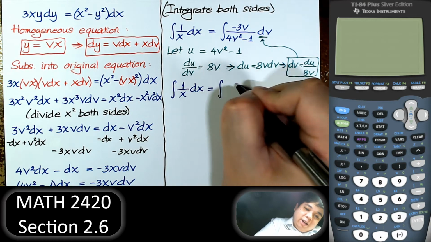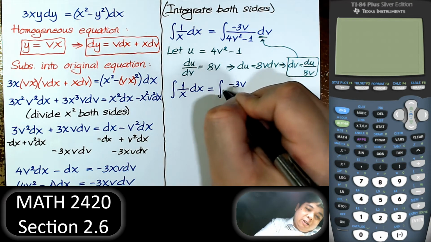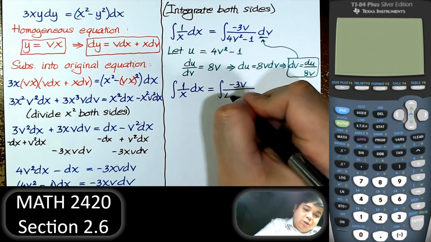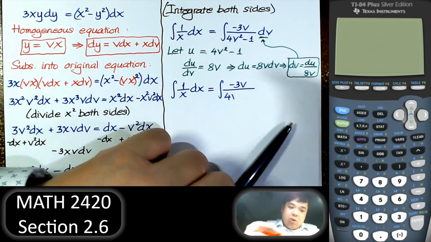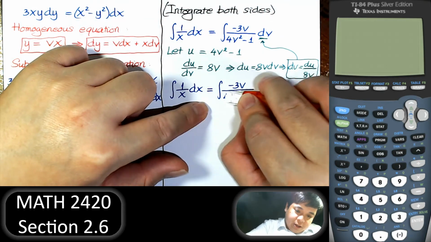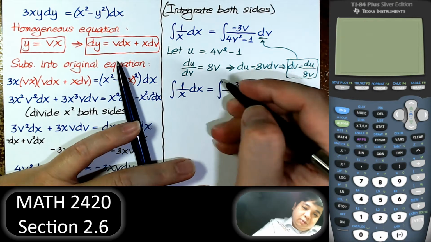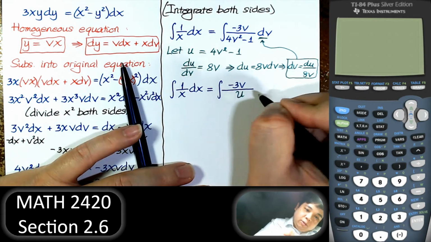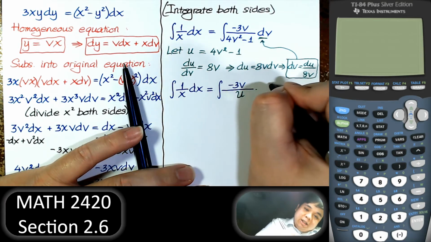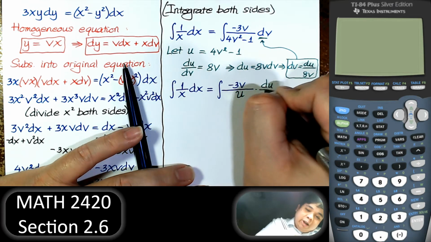And now we have negative 3v over 4v squared minus 1, which is going to be u, and dv is du over 8v.